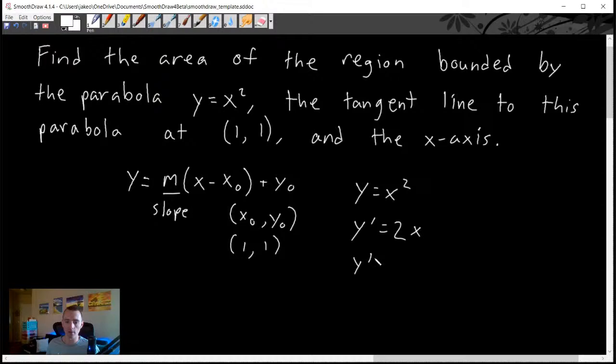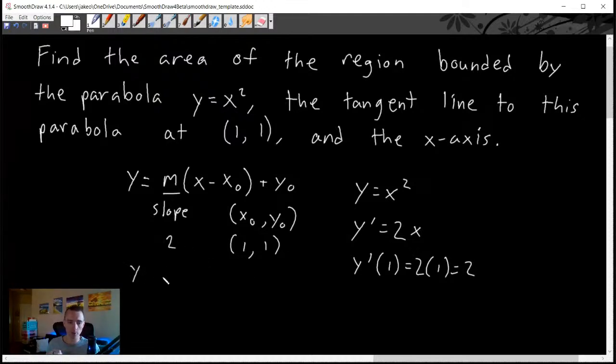So doing that, we're going to get 2 times 1, which is just 2. So we know that this function, y equals x squared, has a slope of 2 at the point 1, 1. So what we can do is take this slope of 2, and that's going to be our m, right?